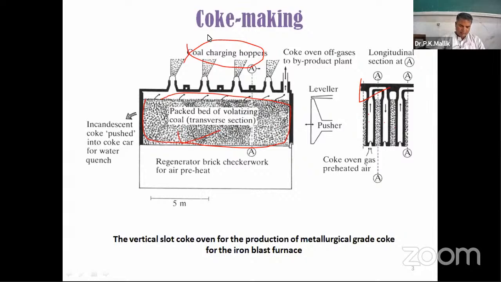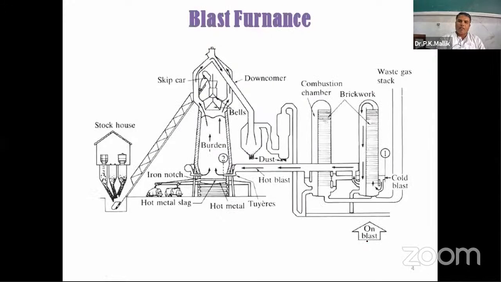Similarly, once you finish the coke making, then you go for the blast furnace process. The iron blast furnace process has evolved over many hundreds of years to become an efficient counter current exchanger of heat and counter current exchange of mass.